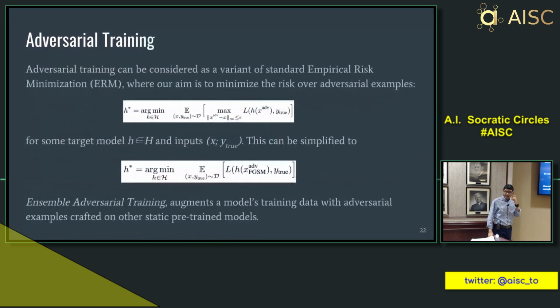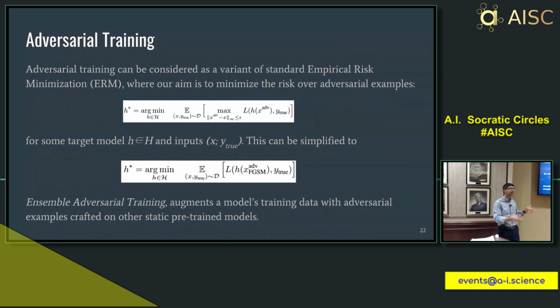The goal of adversarial training is to come up with a classifier that is not easily fooled by adversarial examples. How do we do that? We minimize the loss function even for the worst case, the maximum loss over the adversarial examples.